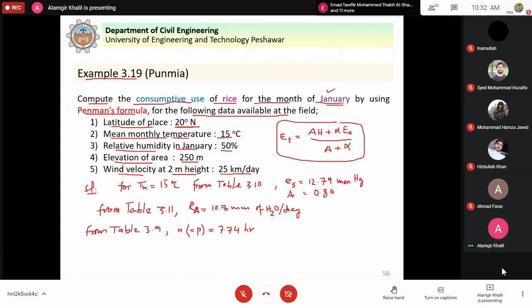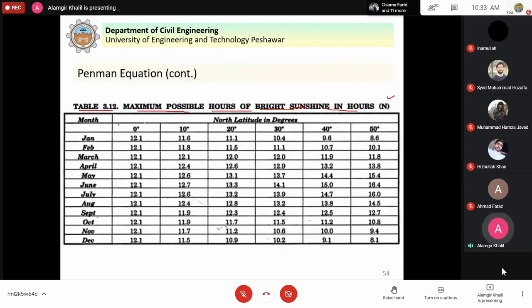Now we have table 3.12 also. From table 3.12, we can read the value of the capital N, which is the maximum possible hours of bright sunshine.